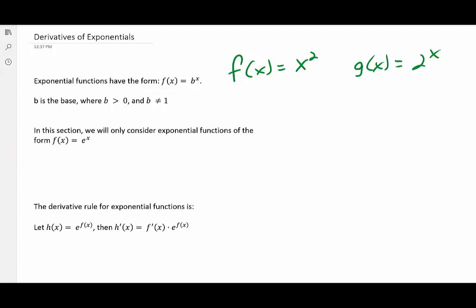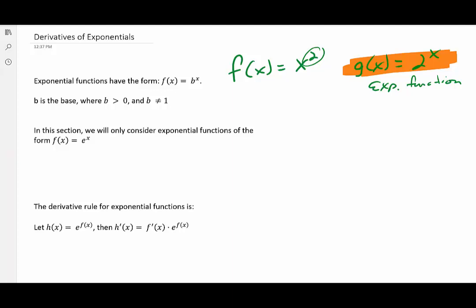Do you have just one, either f or g is exponential, or do you have no exponential functions? Well, in this case, there's only one exponential function, and it's 2 to the x power. This is an example of an exponential function. The reason why x squared is not an exponential function is because that 2 is a constant there. In fact, we call x squared a quadratic function.